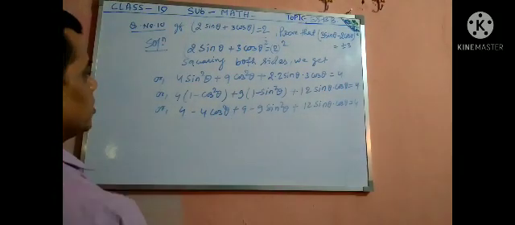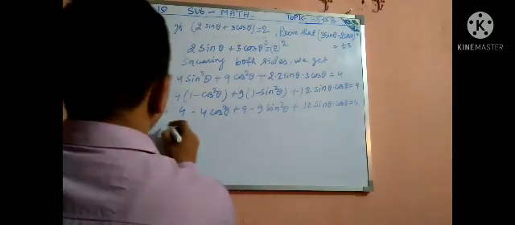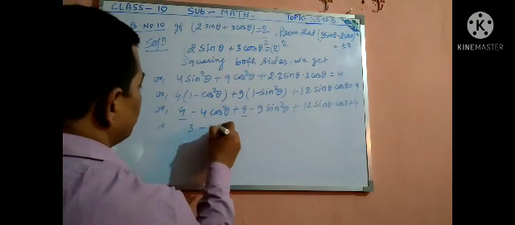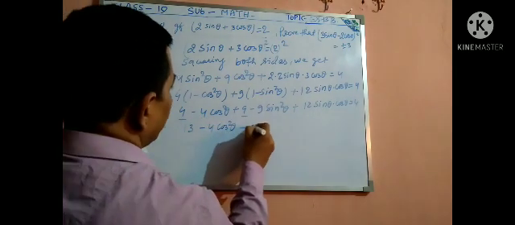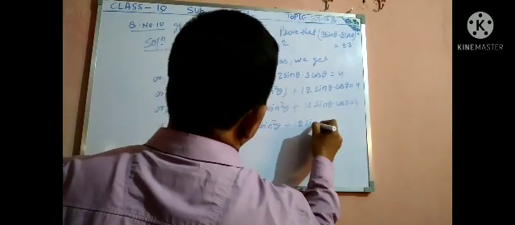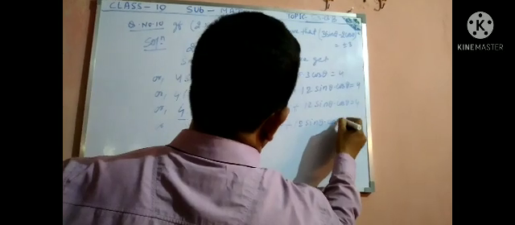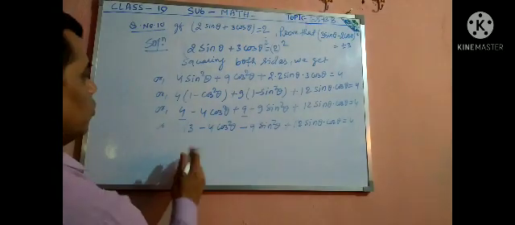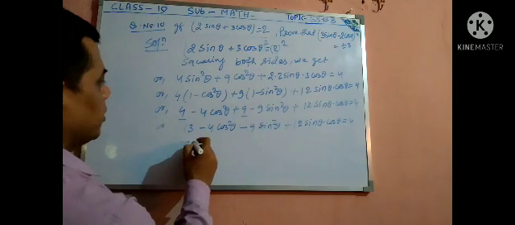So that is add the value of 9 plus 4, 13, minus 4 cos square theta minus 9 sin square theta plus 12 sin theta into cos theta equal to 4, and this value taken to minus common.